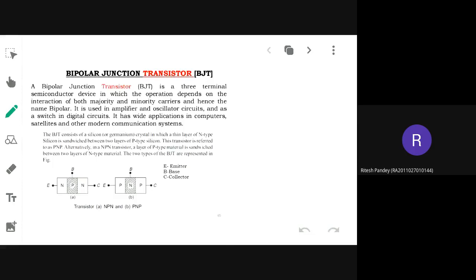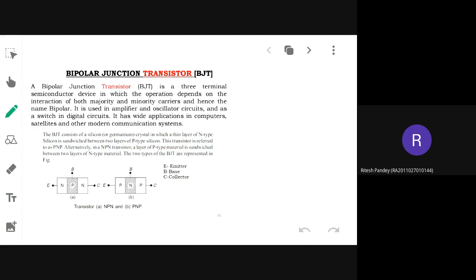The syllabus for CT2 is up to wave shapers, clipper, clamper, applications of PN junction diode, up to clipper and clamper. Whatever portions I am teaching from today are not included.